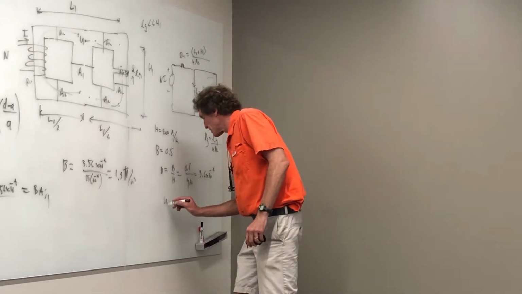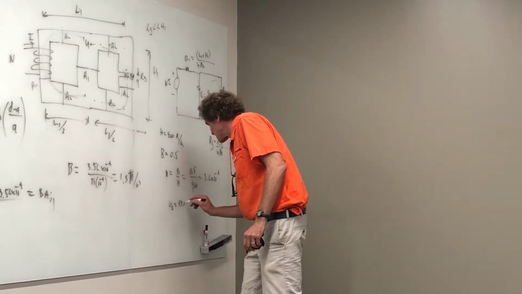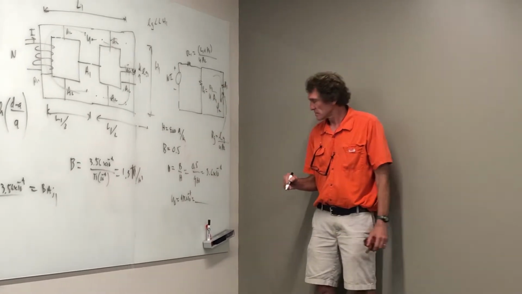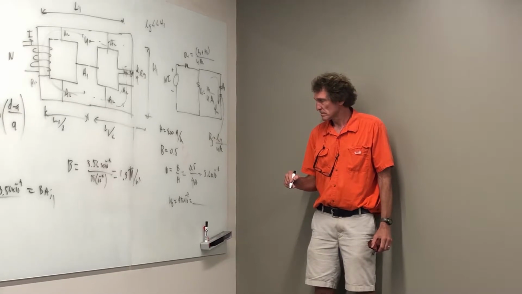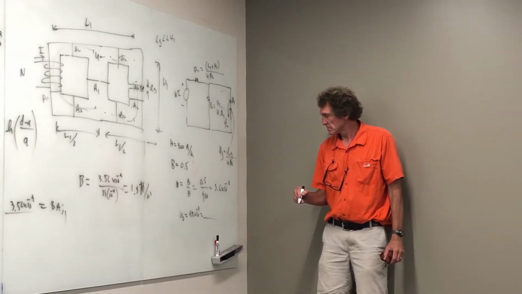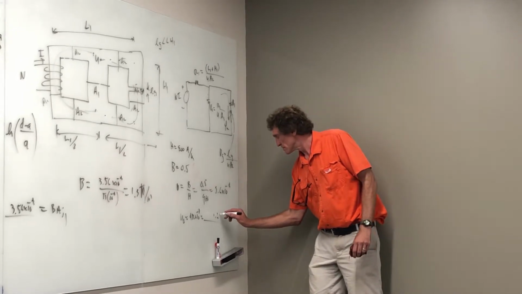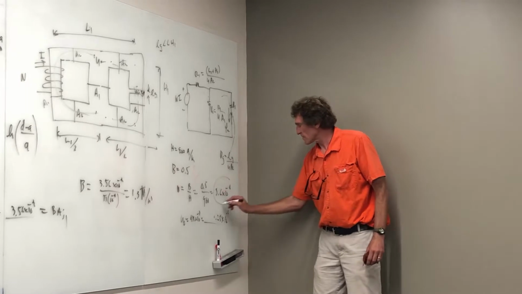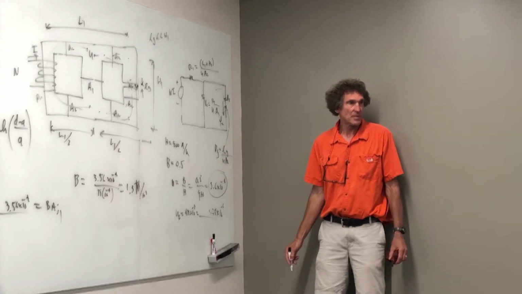What does that come out to be? 4 pi times 10 to the minus 7 is about 1.25 times 10 to the minus 6. You see how this is several orders of magnitude greater?